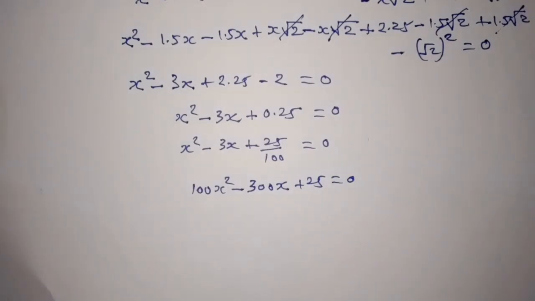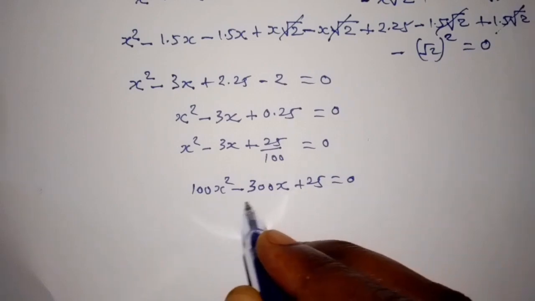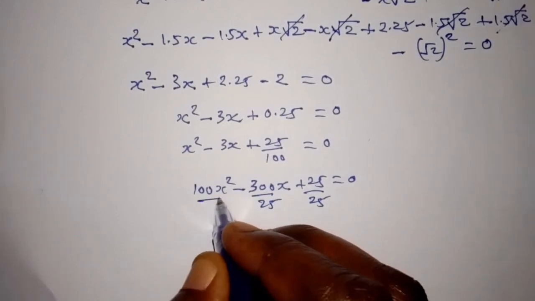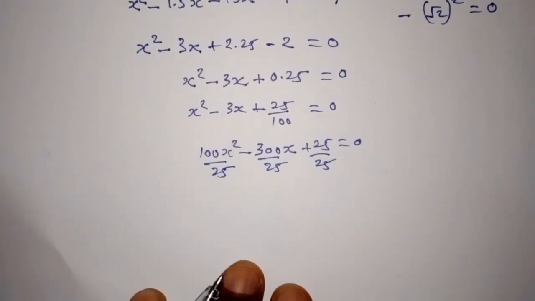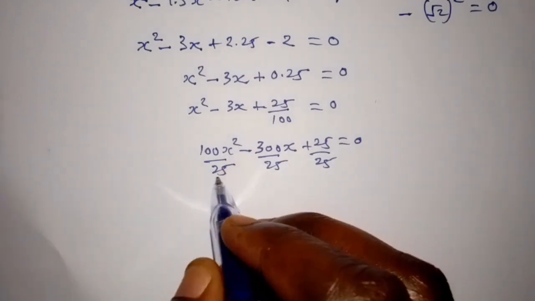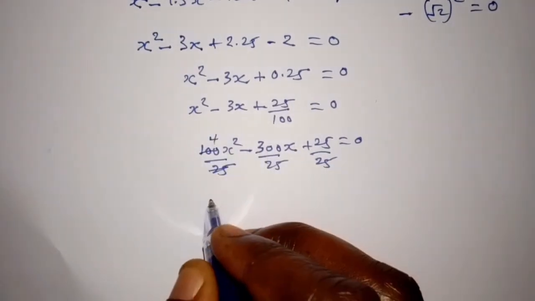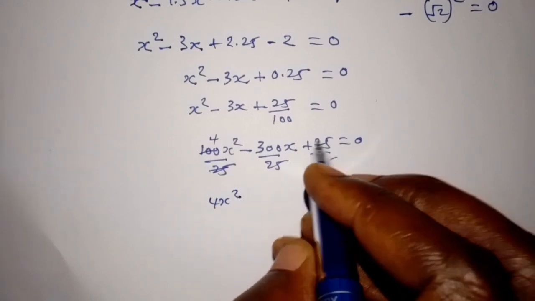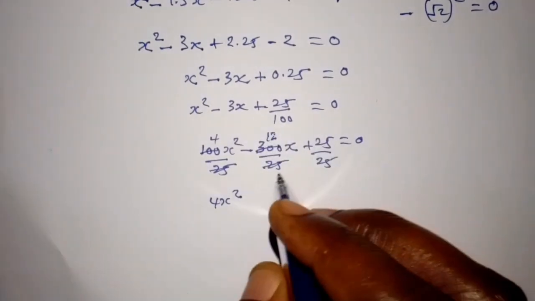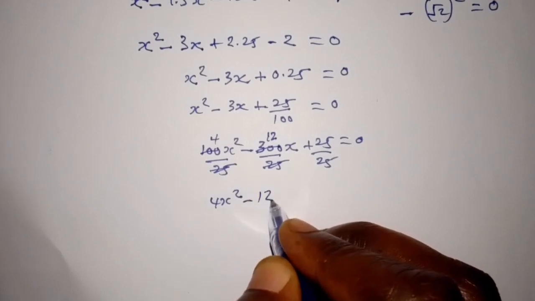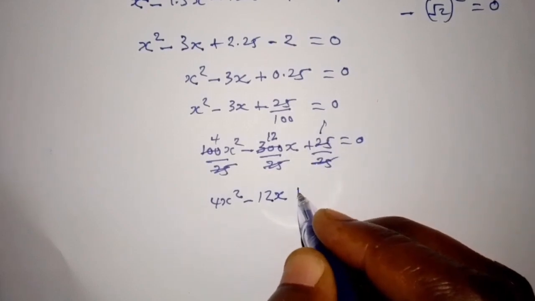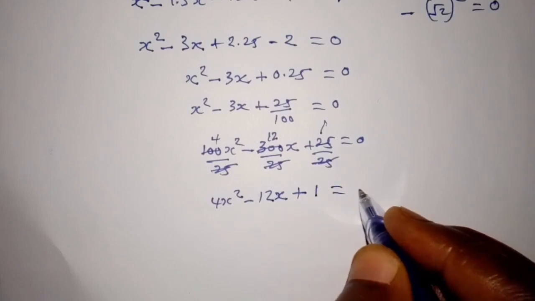Now we can divide all through by 25. This is giving us 4x squared. 300 divided by 25 is 12, so this is giving us minus 12x. 25 divided by 25 is 1, plus 1 is equal to 0.